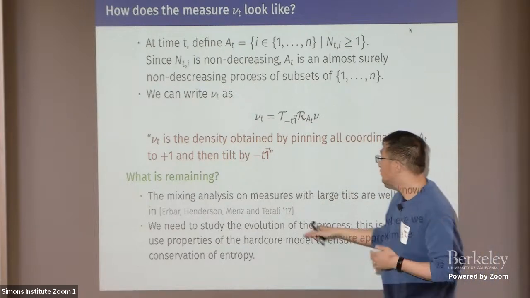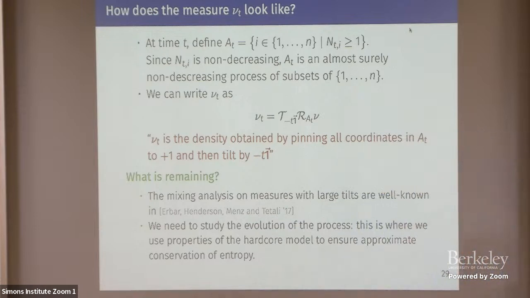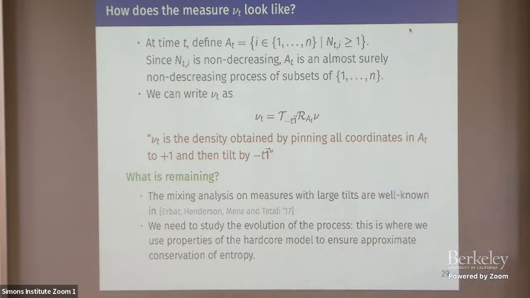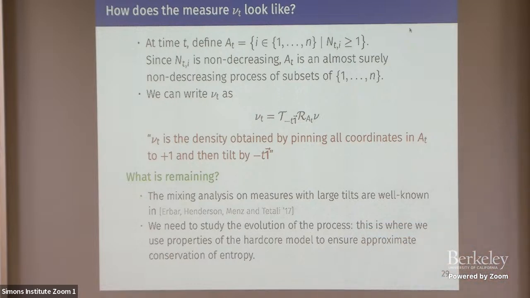And it's actually known in the Ebar, Henderson, Mans, and Tentali paper that if you have a very large tilt for this hardcore model, you can prove the modified log Sobolev inequality for Glauber dynamics easily. And then the second thing in our analysis, you need to analyze the evolution of the entropy.